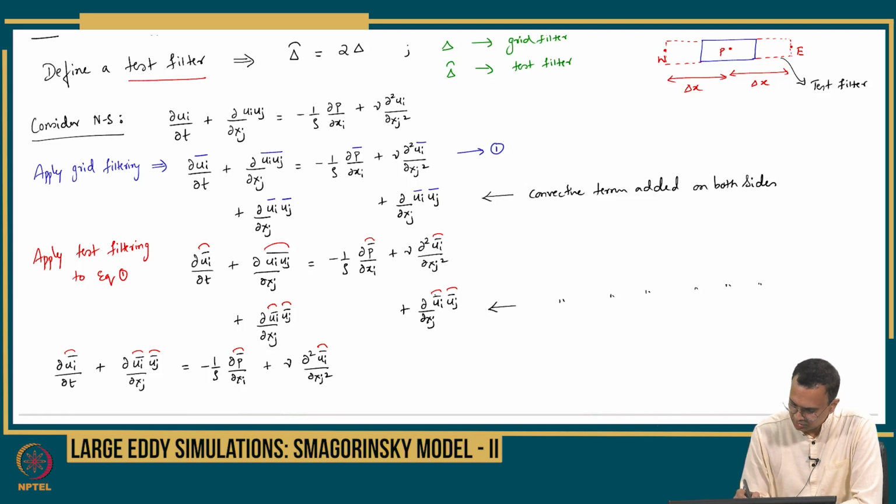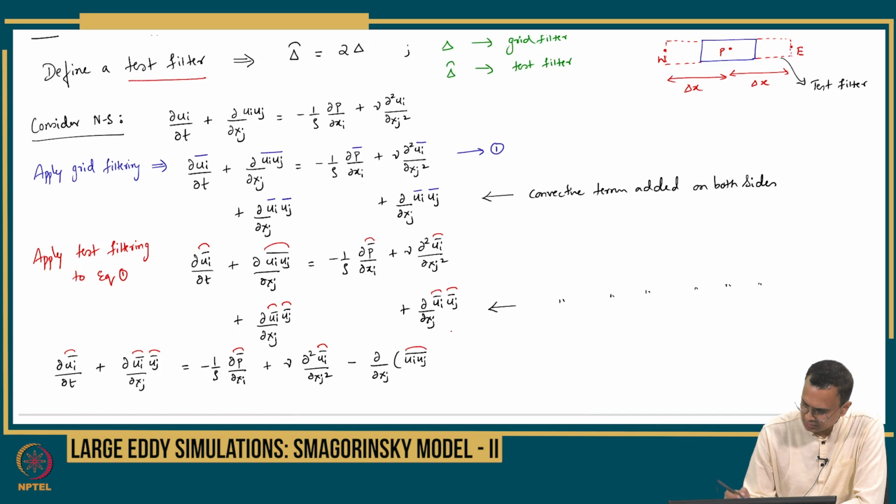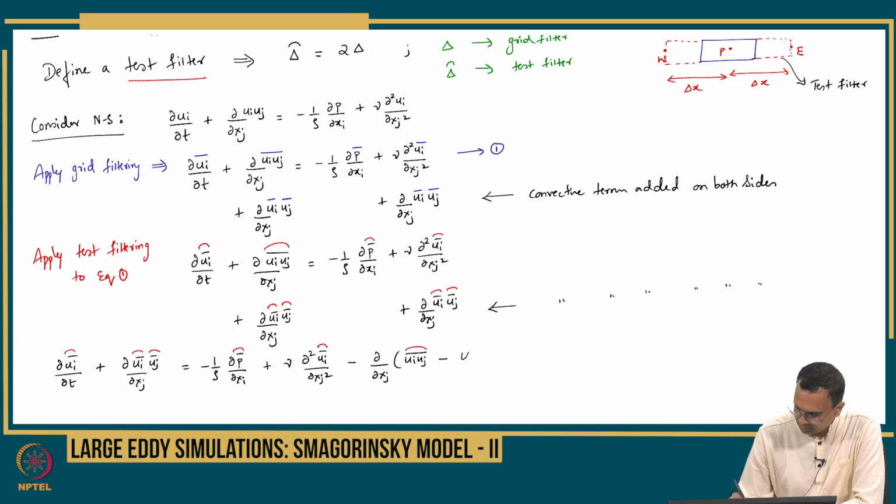Okay, so that will be minus of, I'm moving the one term to the right hand side, so I get minus ∂/∂xj of ui uj average test filtered, minus ui bar uj bar test filtered.